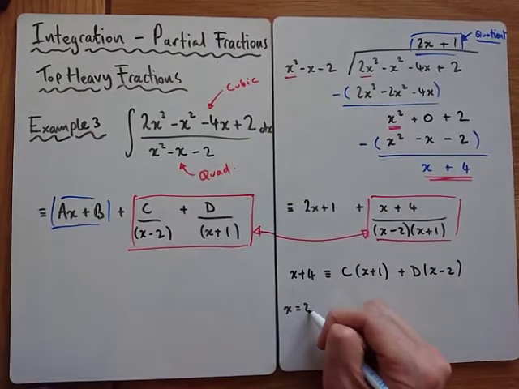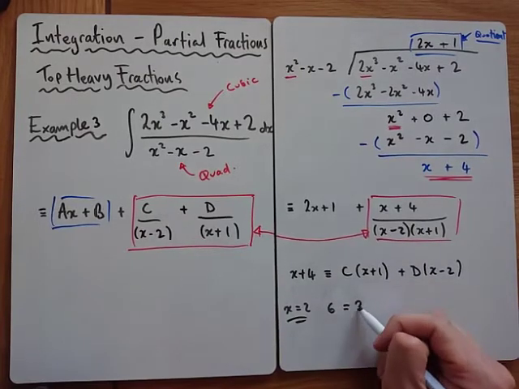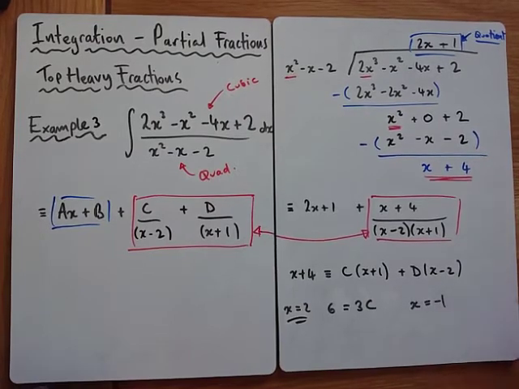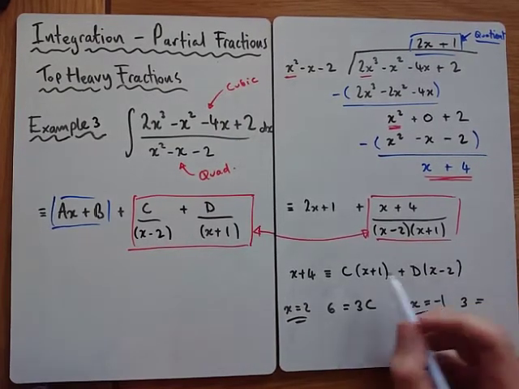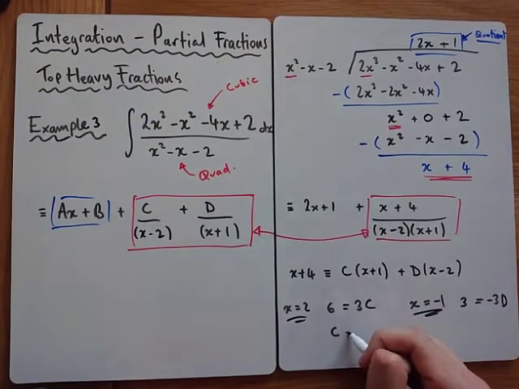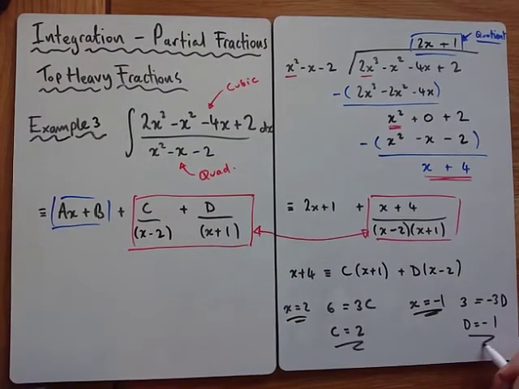If x equals 2, I'd get 6 equals 3c. If x equals minus 1, I'd get 3 equals minus 3d. So c equals 2, d equals minus 1.